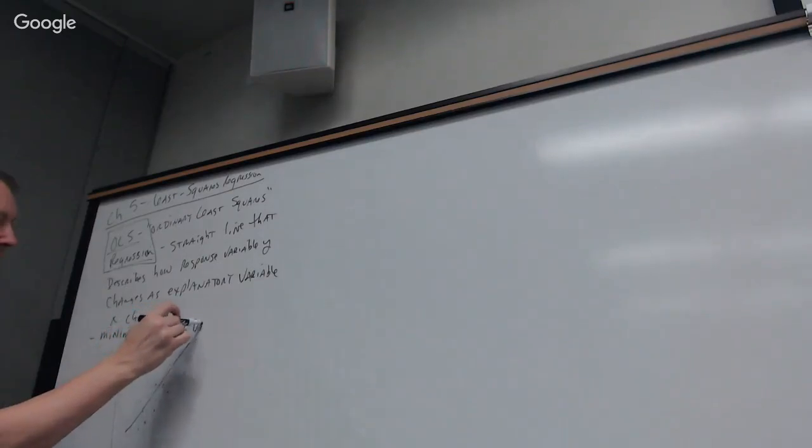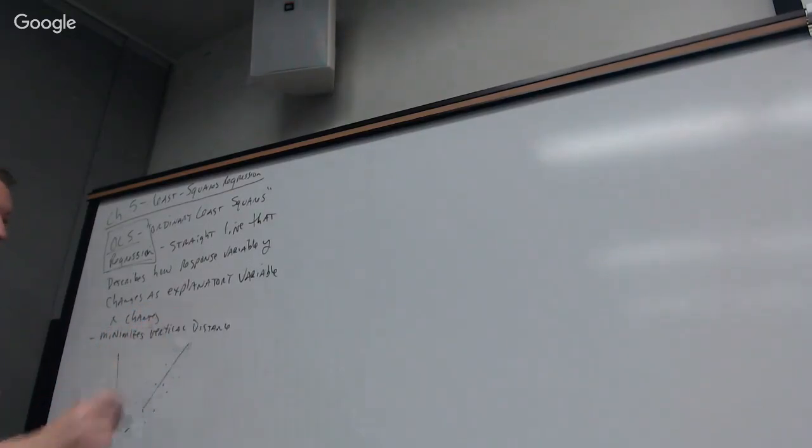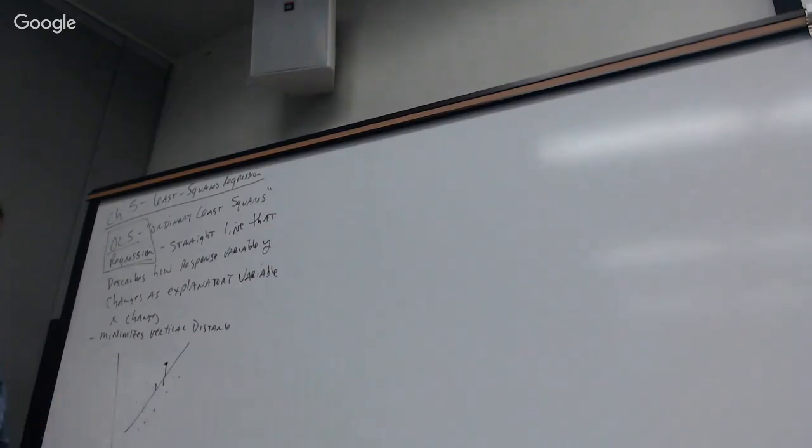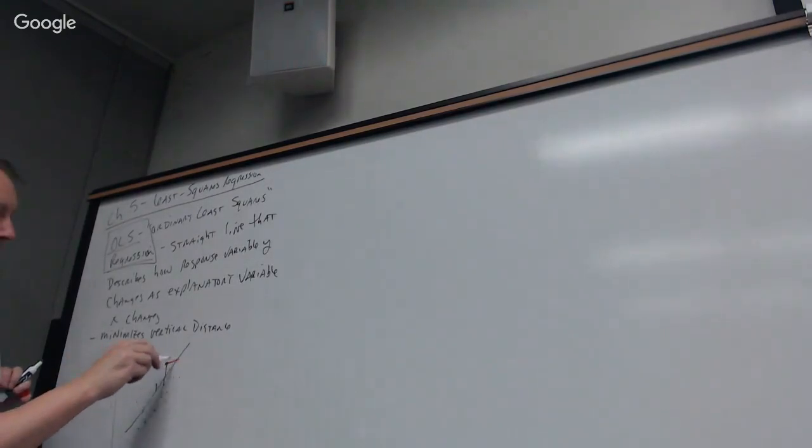The idea behind OLS regression is it minimizes the vertical distance. So if you take a point here, we're going to minimize all of these vertical distances. Now, there are other ways to minimize it. We could minimize the horizontal distance.